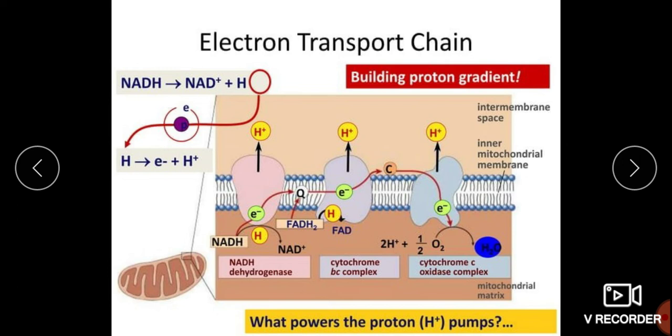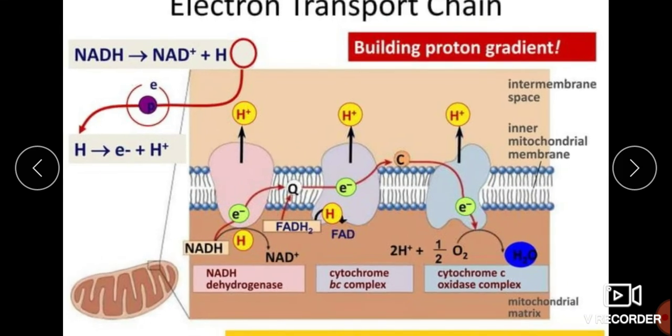It is made up of a number of complexes. These are NADH dehydrogenase, cytochrome BC complex, and cytochrome C oxidase complex.